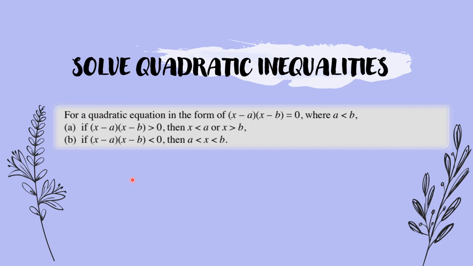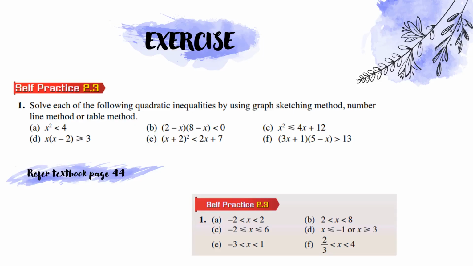I'm not going to show you the one for inequality less than, but for less than, you will get x is between a and b. Okay, so please do this exercise, question number 1 only, A until F, so you can check your answer here.